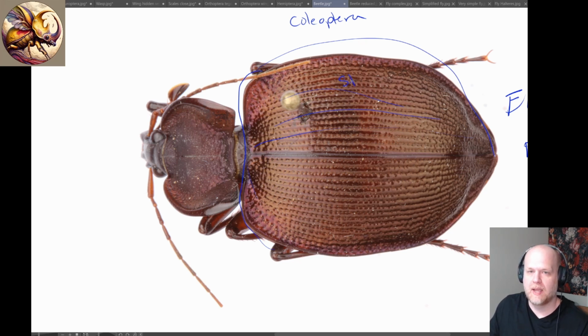These are called the striae. I can't spell that. Yeah, S-T-R-I-A-E. Striae. The striations, where you could imagine wing veins would be, although these are not veins.